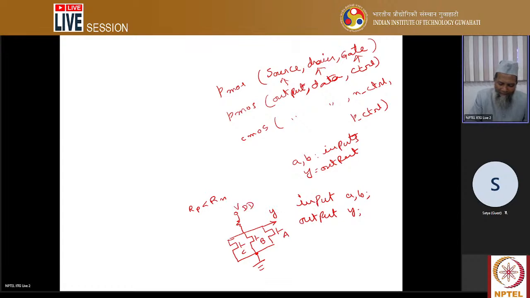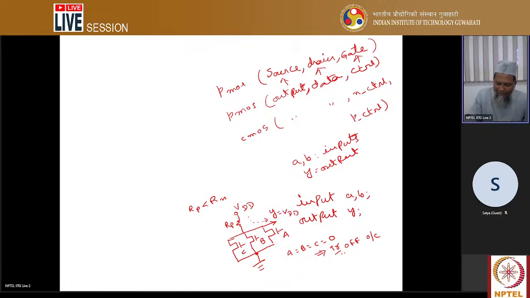This is VDD. If all these three gates are off, A equals B equals C equals 0, implies transistors off, acting as open circuit. So the output charges to VDD through Rp, becoming almost VDD with a small drop across Rp. Rp is normally taken as a lower value, so the output will be VDD.